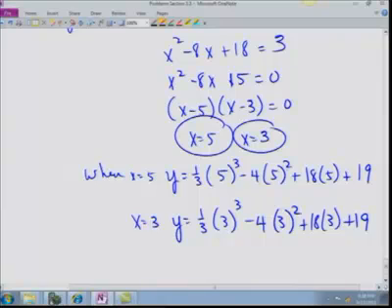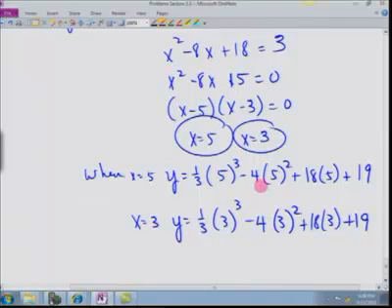152 over 3? Is that what you said? 125 over 3? Did anybody else get anything different? That's what I got. I like your answer. Try it again. Well, for the 5.